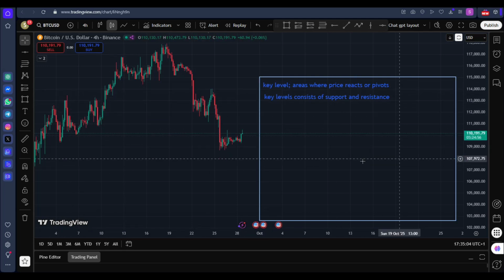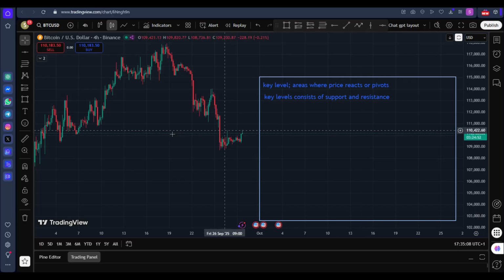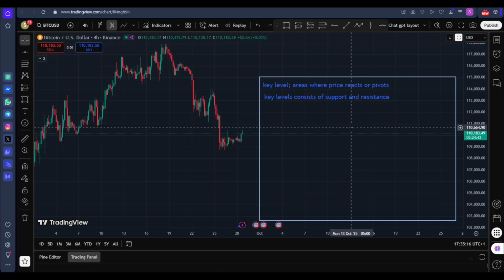They stepped in, they took the price up, did it here again, did it here again, and so on and so forth. So that's support. Resistance, on the other hand, is quite the opposite, acting more or less like a ceiling. If you look here, you see price try to go up, it hits the ceiling and comes down. So that is our support and resistance.